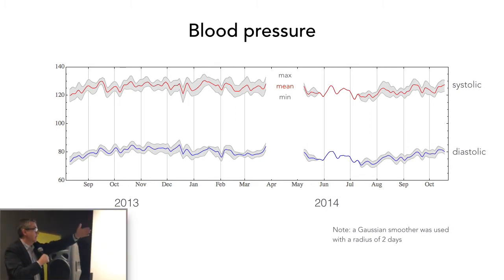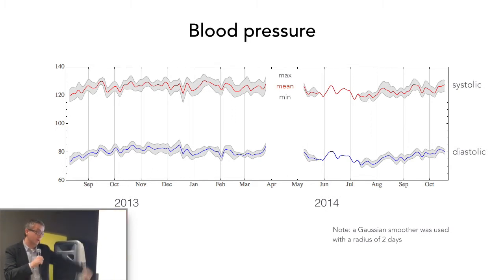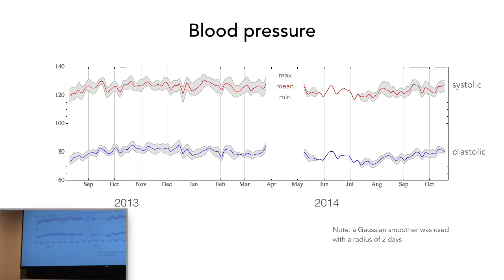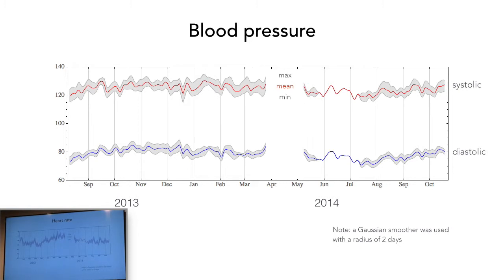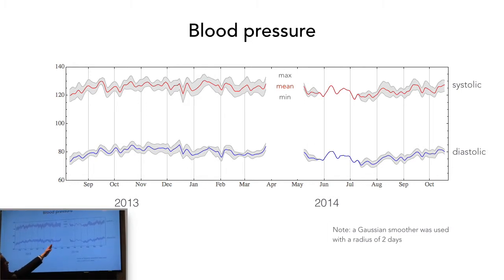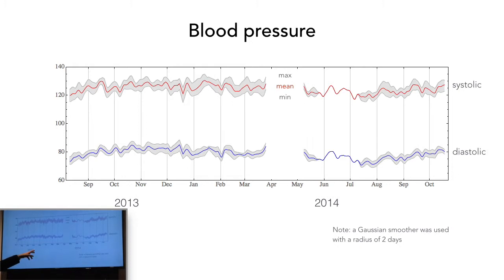But yeah, there's my data and it's a little bit on the high side, sadly. And then this is my heart rate. I guess I should mention too that the data actually disappeared later, like in May.